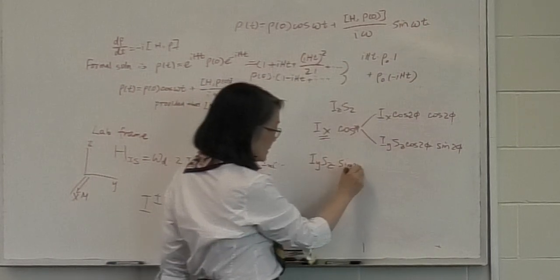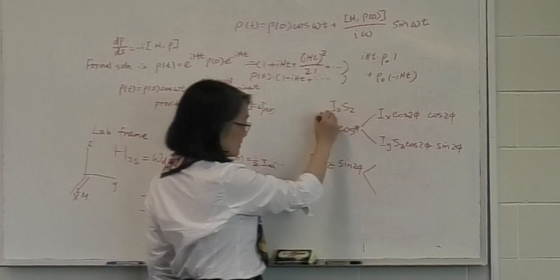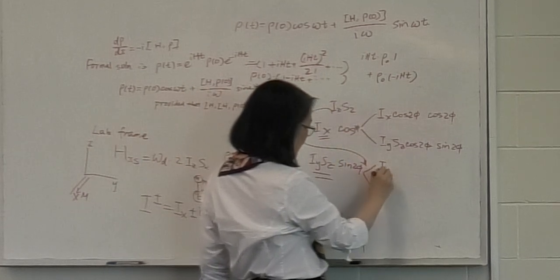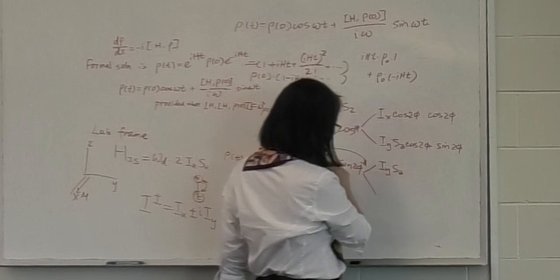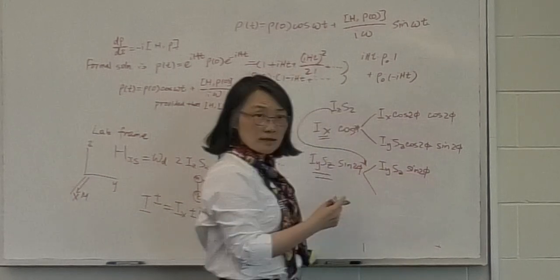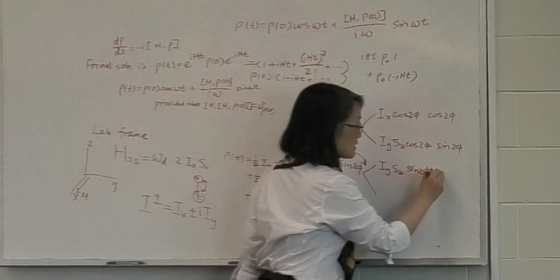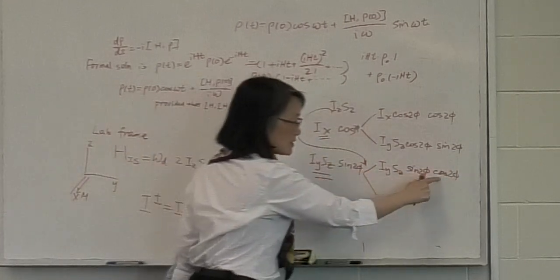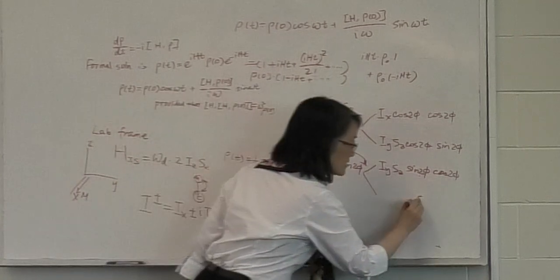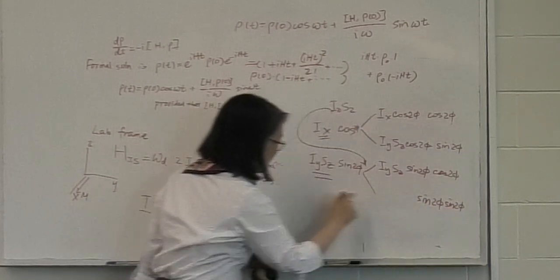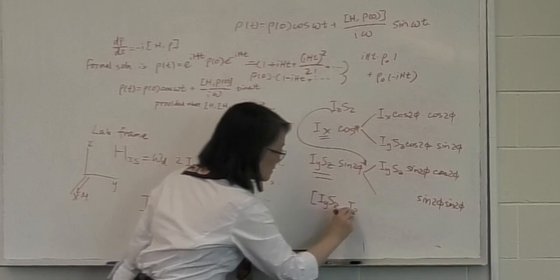And here I'm still having to worry about the commutation, but the first term, the cosine term, is always clear because you don't change the spin operator, but you have to tag along the first rotor period's modulation. Because I'm keeping the same term, that's cosine. But now I need to have the sine term. You know you're going to get this, but the stuff in front comes from working it out.